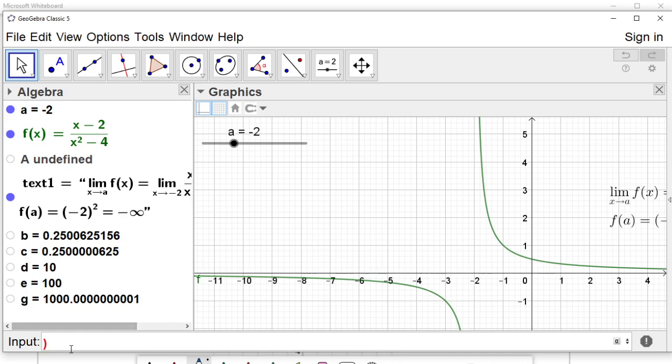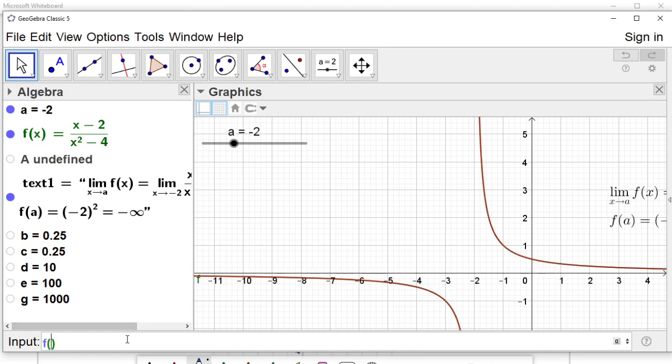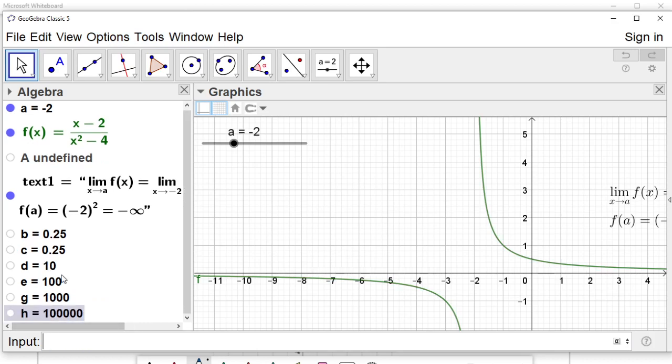The more of these things I type in, F of -1.99999, you can see I'm not approaching a limit, I'm actually escaping a limit, right? I'm growing without boundary. The closer you make your number to -2, the farther away your function gets. So this is not a limit, this is the opposite of a limit. This is an infinity, where the function just keeps growing without boundary or without limit.